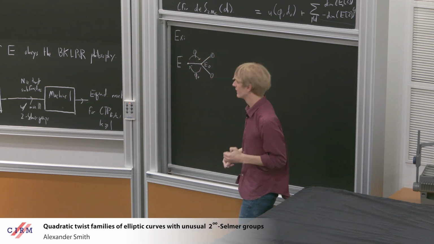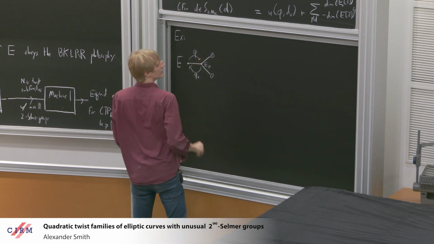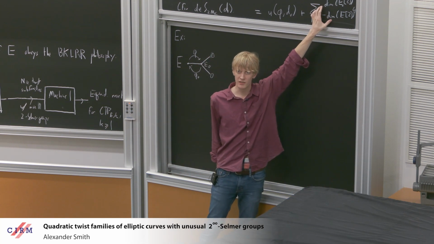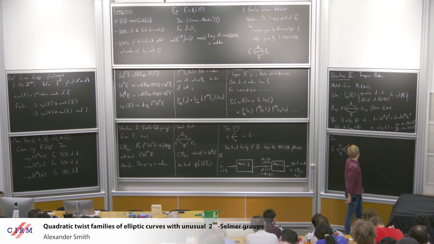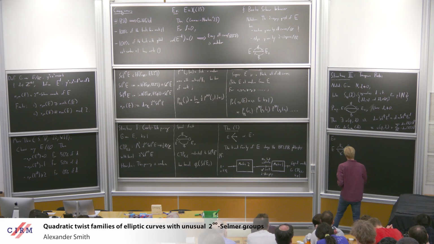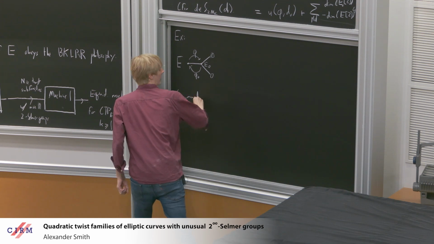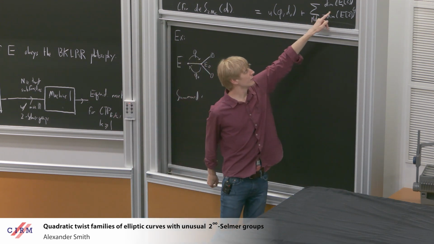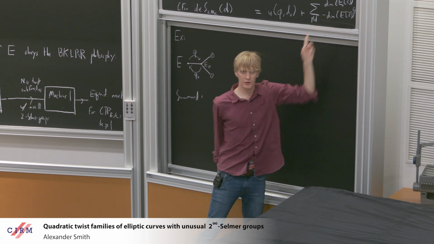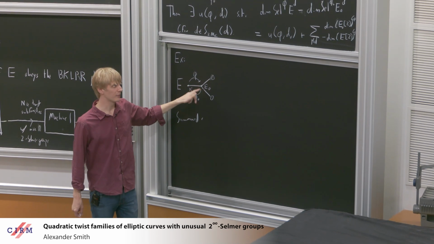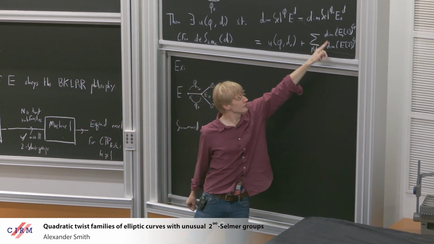Okay. And so in this case, let's take a look at what possible summands could be here if we vary our twist d of this elliptic curve. Well, first off, this dimension is always 2, because this curve has full rational 2 torsion. So we have the maximal 2 for this first term.